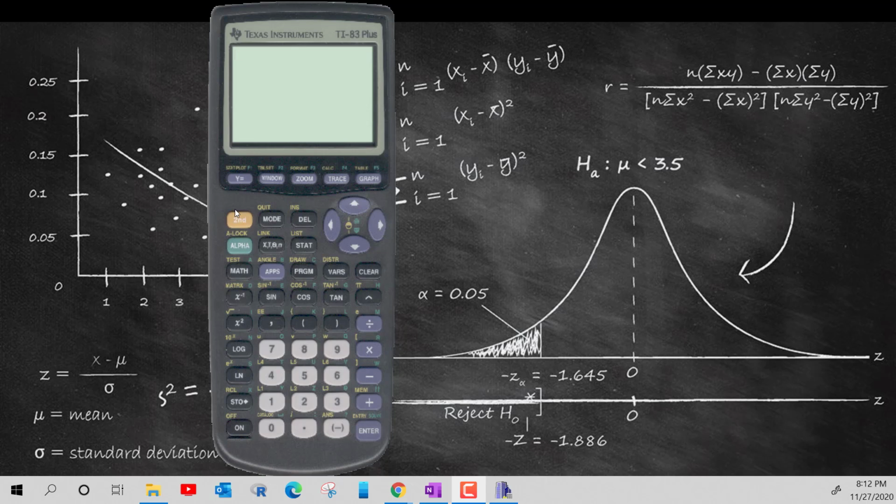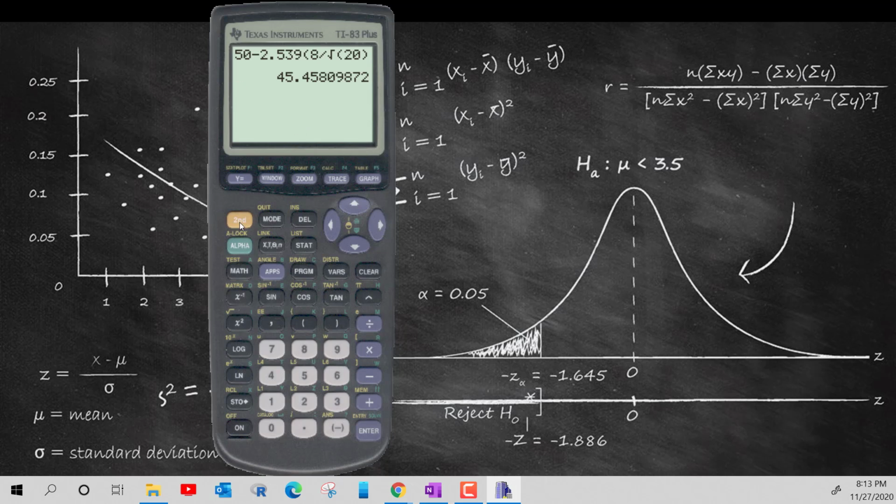So I can plug in 50 minus 2.539 times 8 divided by square root of 20. Hit enter. And we get 45.48 roughly.